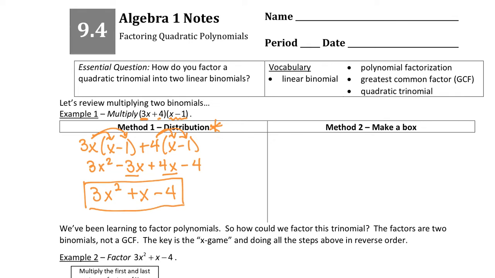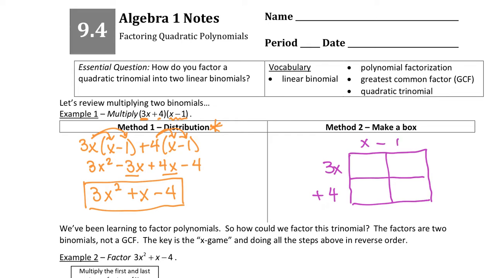Some of you preferred the box method, so I'm going to go ahead and create a box here. It's going to be a 2 by 2 since it's a binomial times a binomial. 3x plus 4 down the side, and then across the top, x minus 1.